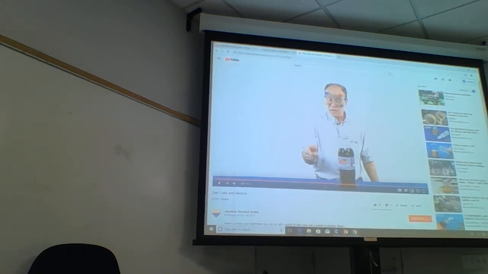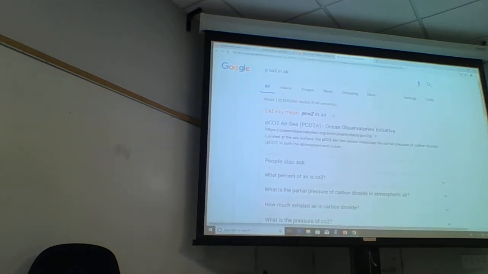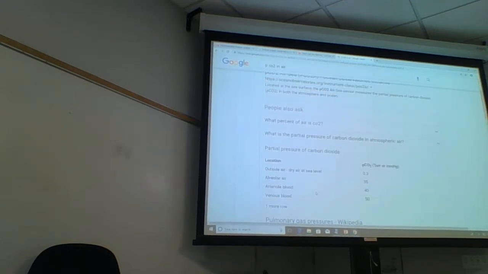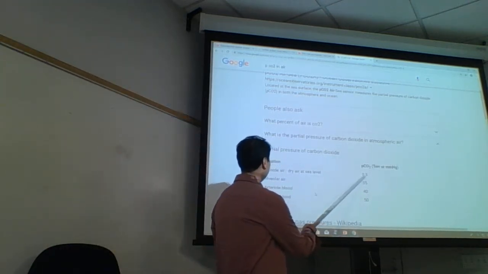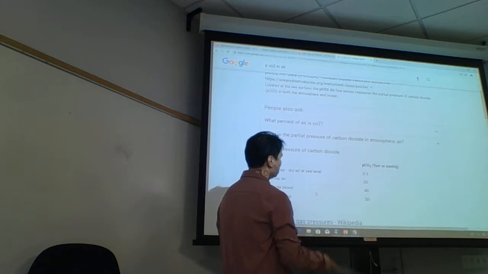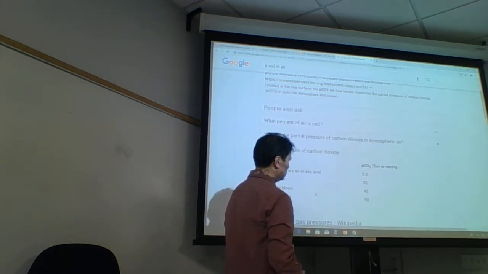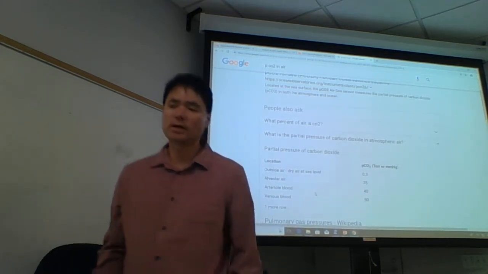So if we have pure CO2 in there, that's 1 atmosphere of CO2. And if we look at the pressure of CO2 in outside air, it's like 0.03 atmospheres, something like that, roughly.